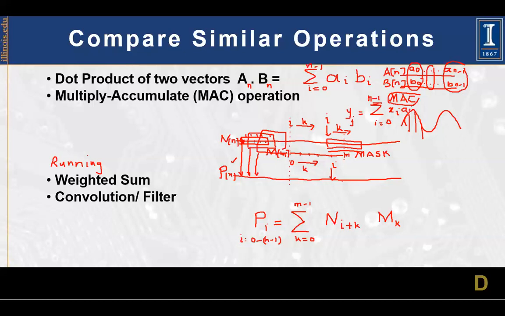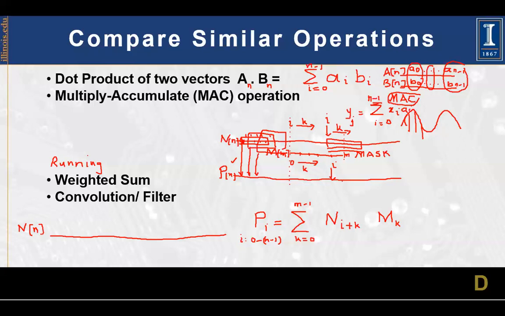Let me draw just this part here. We are saying here is my n, and its size of data is small n. In this example, I am taking this array of size small n.